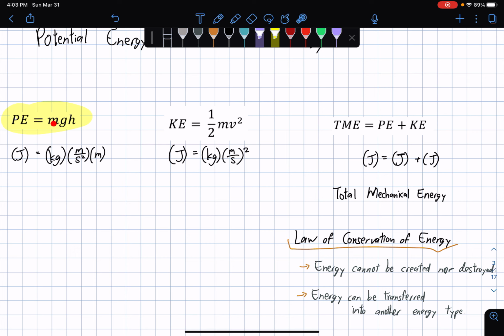So the unit for mass is kilograms. The unit for gravitational acceleration will always be meters per second squared. The unit for height is always going to be in meters. And for everything here, for PE, KE, TME, the unit will always be in joules, not Newton meters.